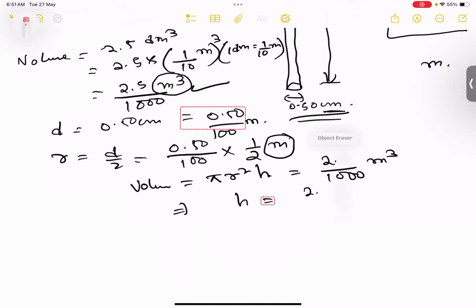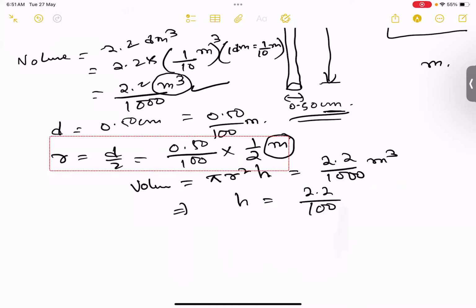Oh, sorry, 2.2, right? The question, sorry. It's 2.2, 2.2 by 1000 into, if you bring these things from the left side to the right side, the numerator becomes the denominator, right?